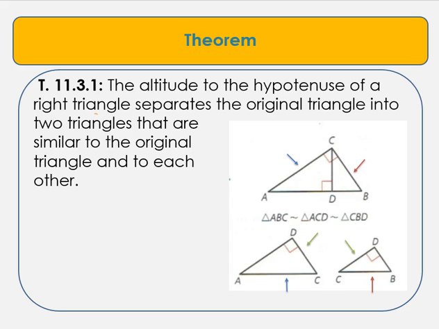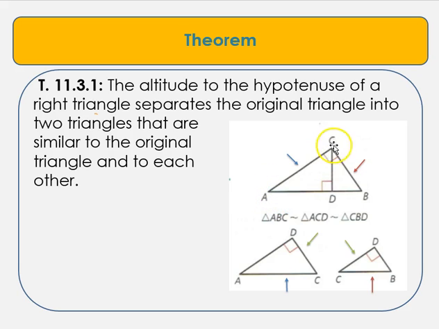But they also form the basis of trigonometric ratios, trig ratios. And the altitude that's drawn in this case, with this drawing, the altitude would be CD, drawn from the right angle to the hypotenuse, forms two additional right angles.